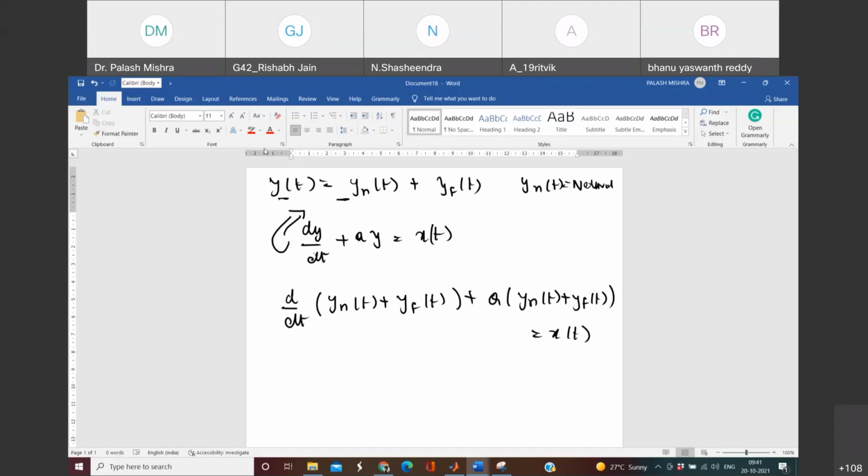This you can write as d by dt of yft plus a times yft, plus d by dt of ynt plus a times ynt, is equal to x(t).